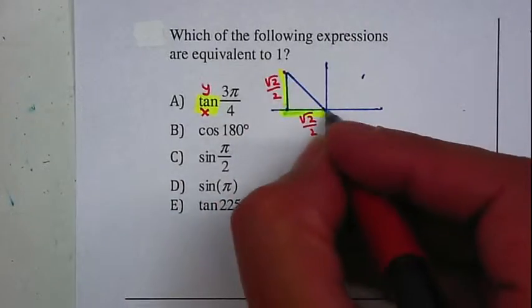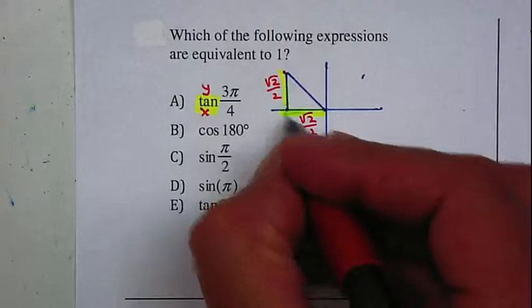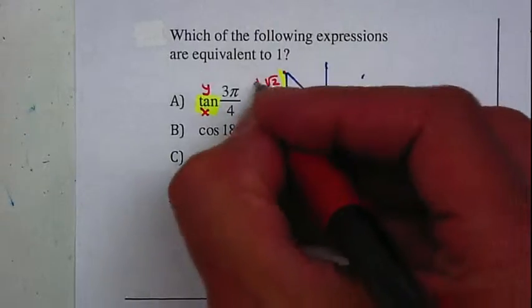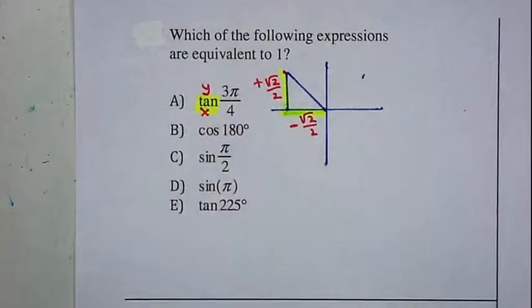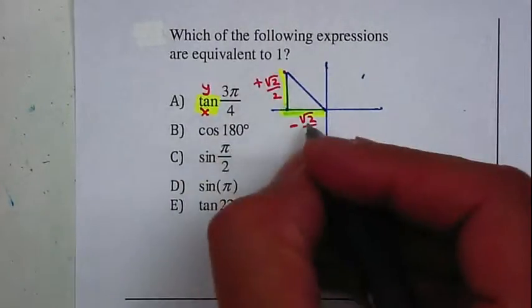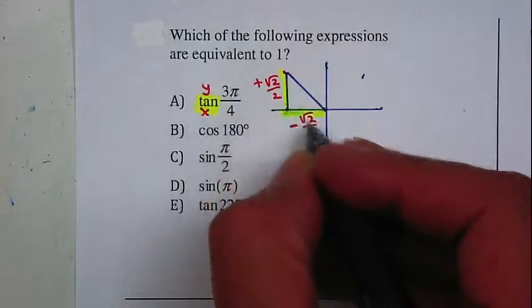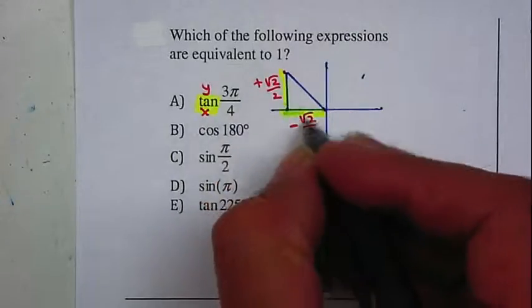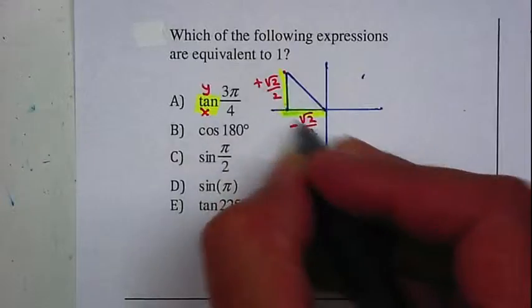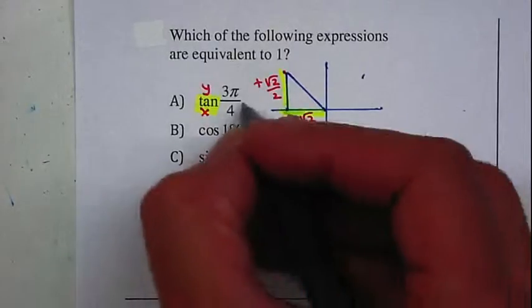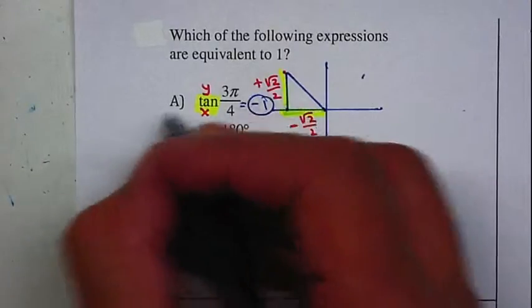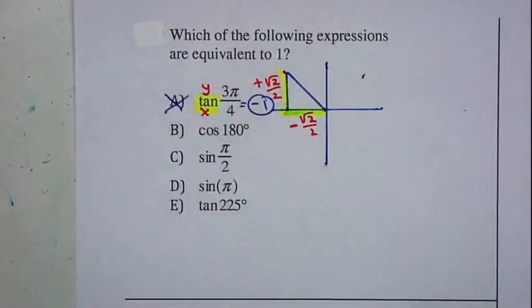Just be careful, because you're going to the left, this will be negative, and because you're going up, this will be positive. So if you divide the y, positive square root of 2 over 2, by negative square root of 2 over 2, we know it's going to be 1, but positive divided by negative is going to be negative 1. And we're looking for positive 1. So A is not the answer.